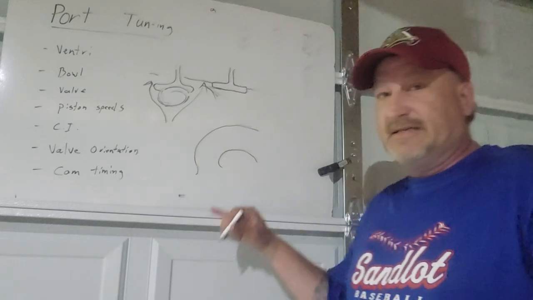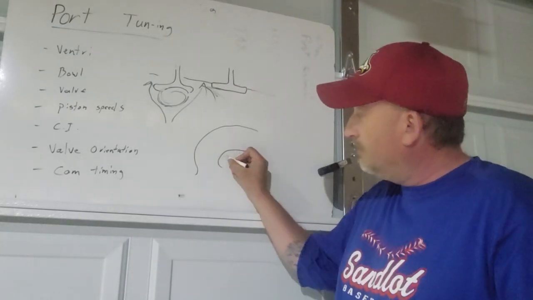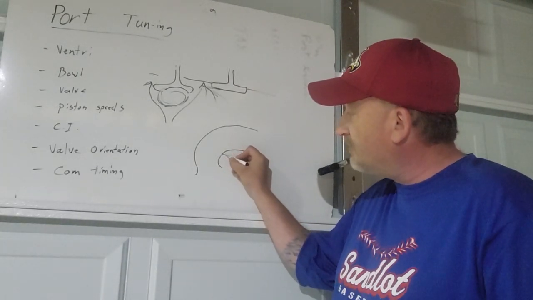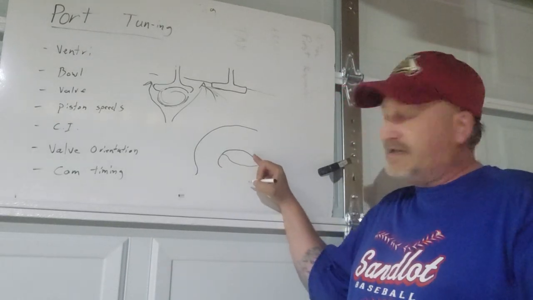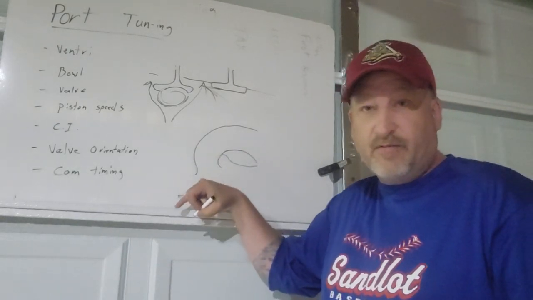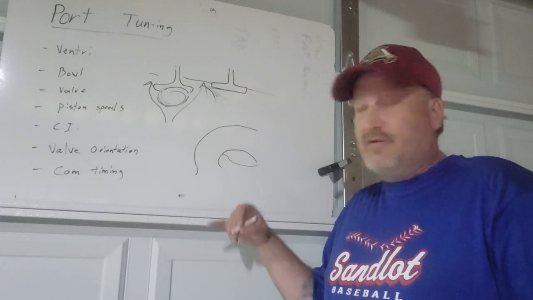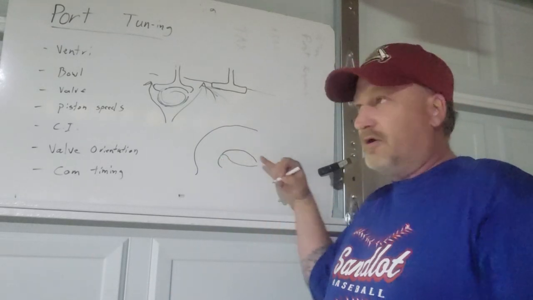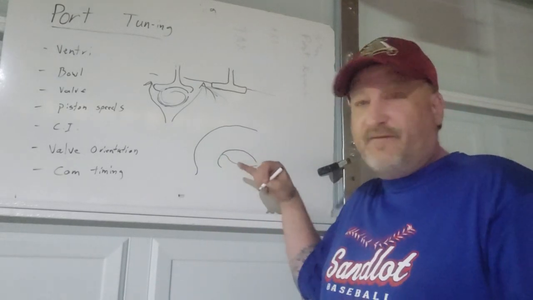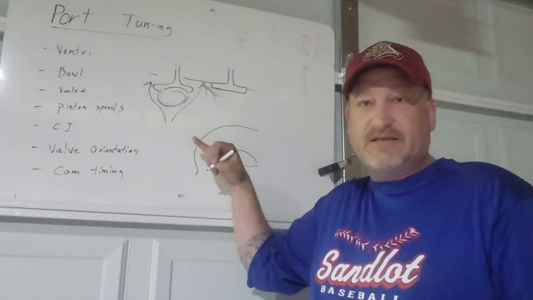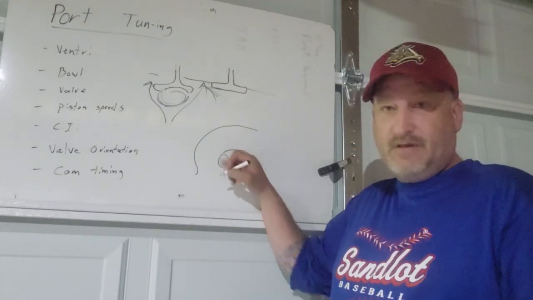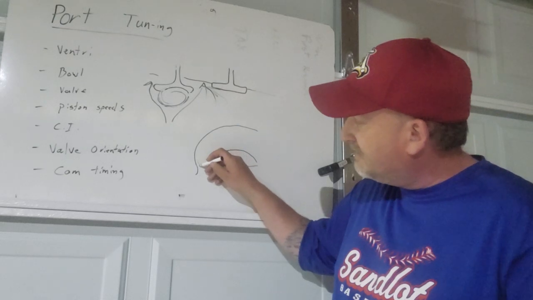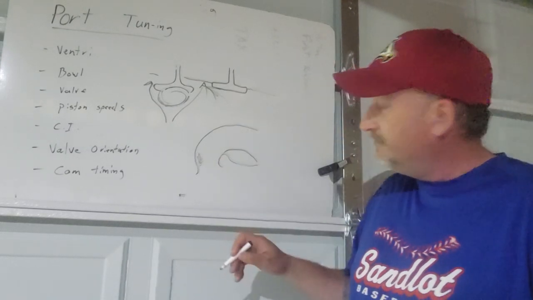You'll notice that it doesn't have that abrupt ramp right behind the short-turn radius like the small block Chevy. It's a continuous radius that goes all the way around. So it's not initiating or kicking up the fuel molecules into the highest velocity stream of the intake port until it actually reaches the back of the bowl.